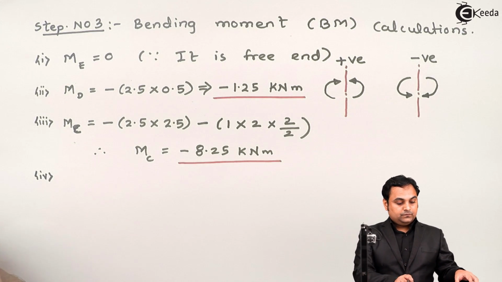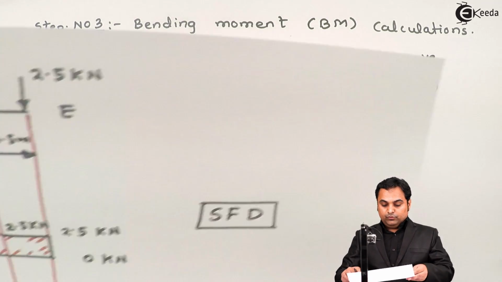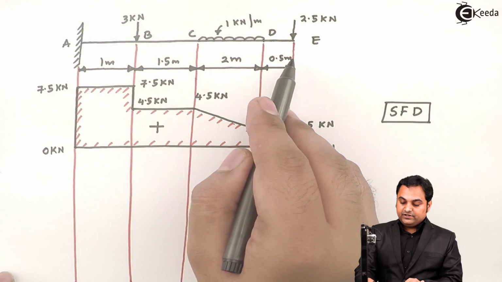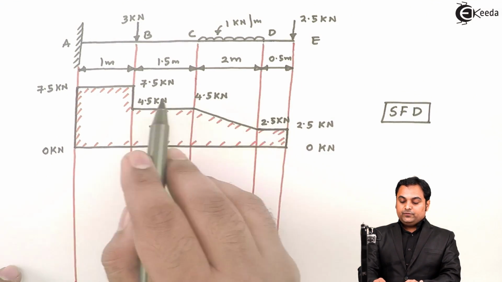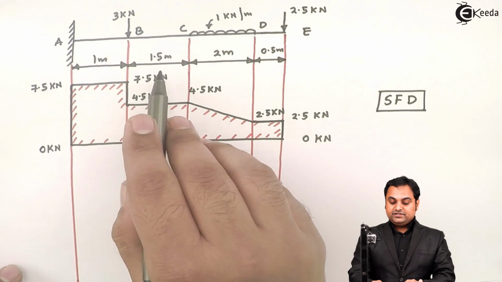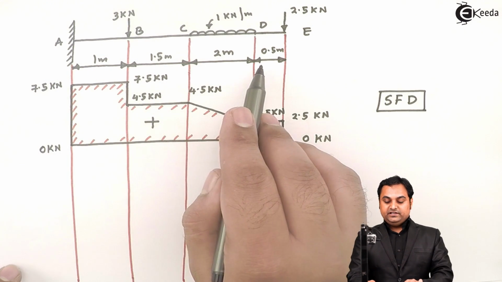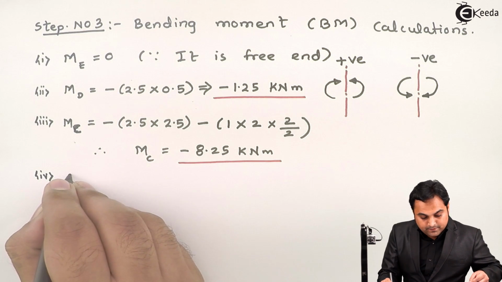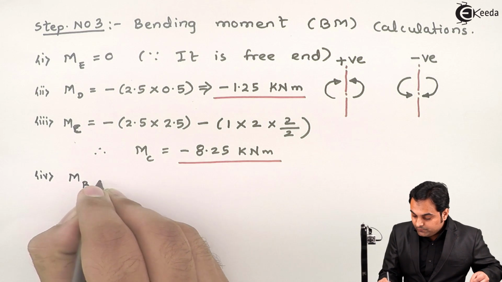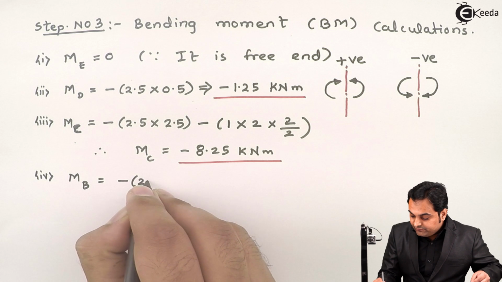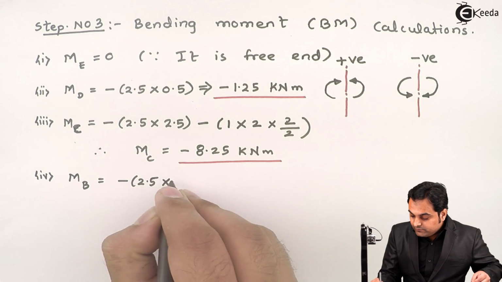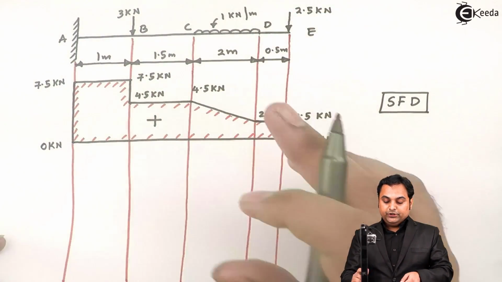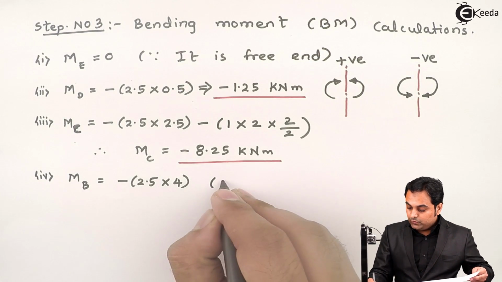Then moment at point B, for this again on the right hand side of section 2.5 kilonewton is producing clockwise moment. The distance is 1.5 plus 0.5, that is 2, plus 2, 4, so that is minus 2.5. Moment at point B is equal to minus 2.5 into 4. Then this UDL converted into point load, so 1 into 2.